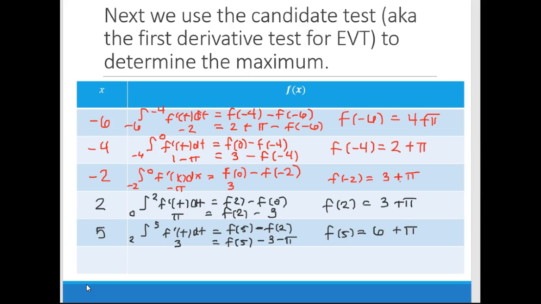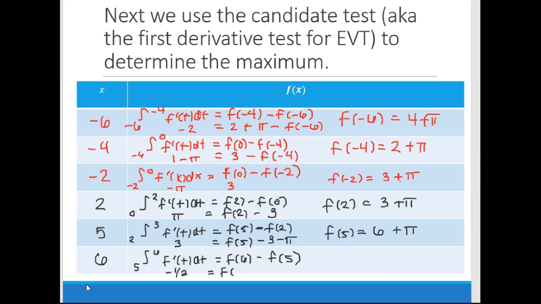And then at 6. So again, you have two ways if you want to think about it. For 6, you could go from 0 to 6 and have to sum up all your areas. Or you could go from 5 to 6. And we know that that area under is negative a half.